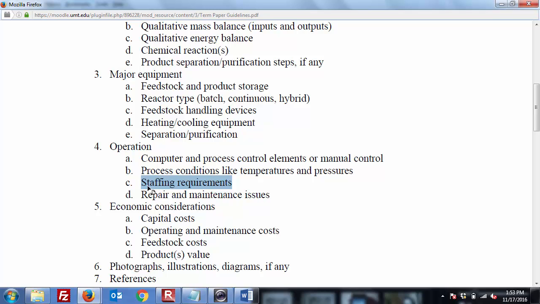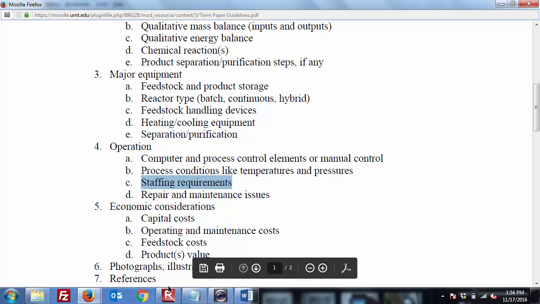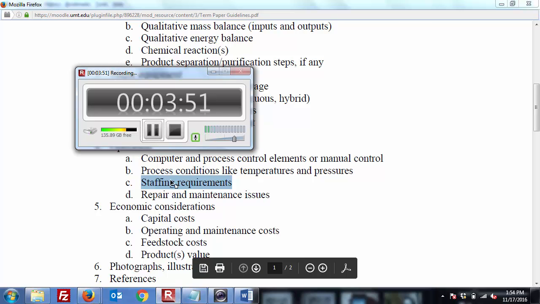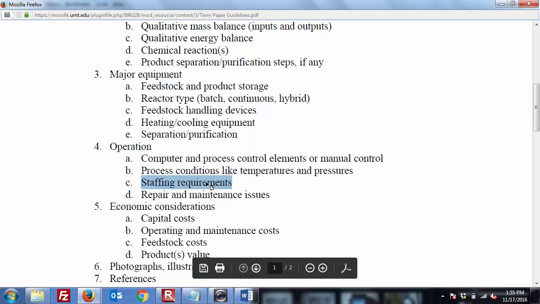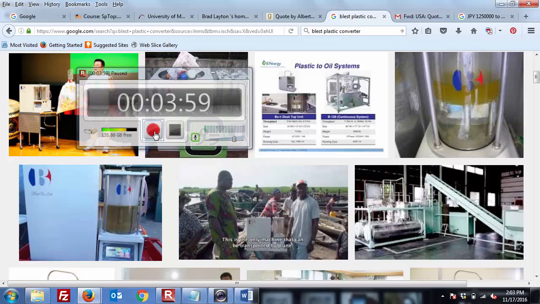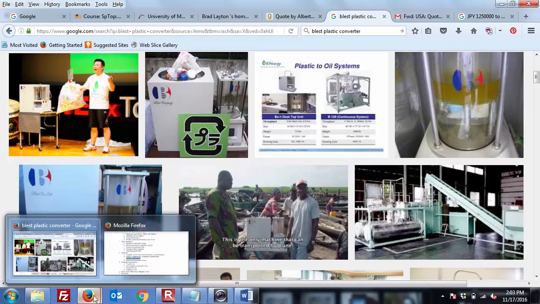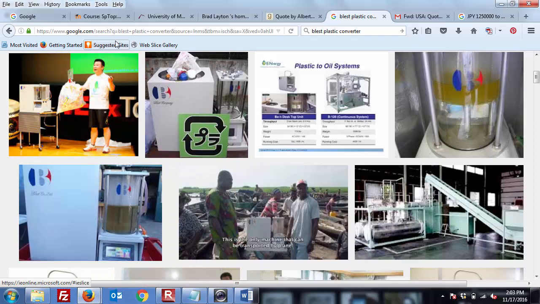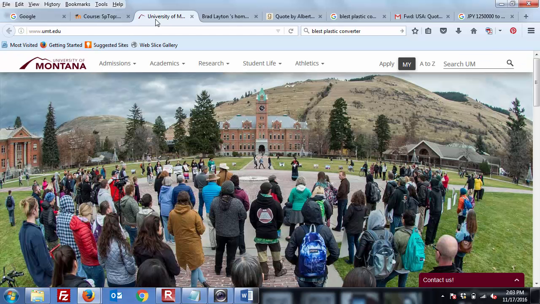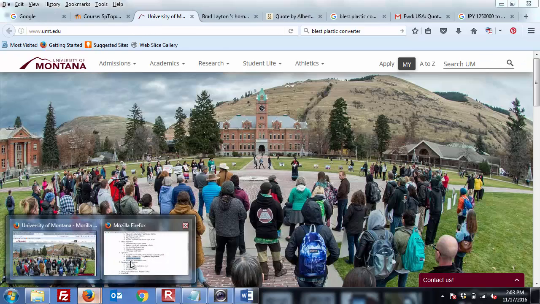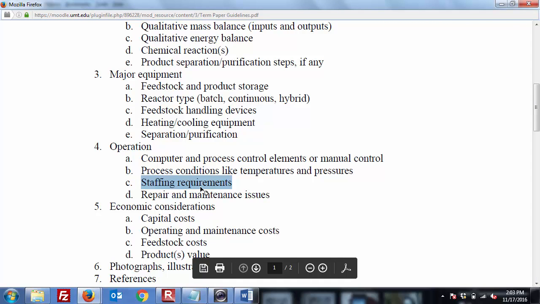So even just today, Sean Doty, and I'm gonna dip into that really quick because this is totally relevant to what we're looking at. So staffing requirements, repair and maintenance issues. Oh, and I'll show you one thing here. I wanted to cover this briefly because we're looking at the term paper guidelines. So staffing requirements.